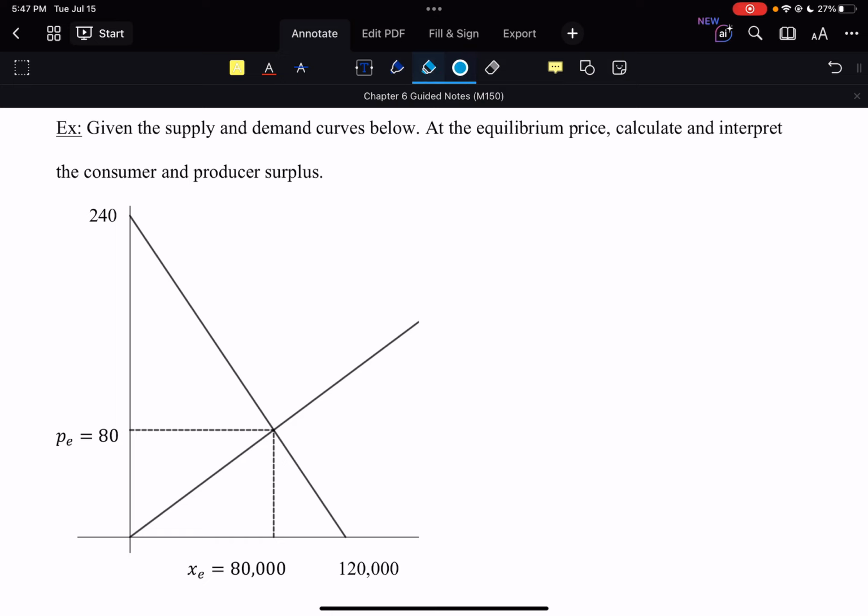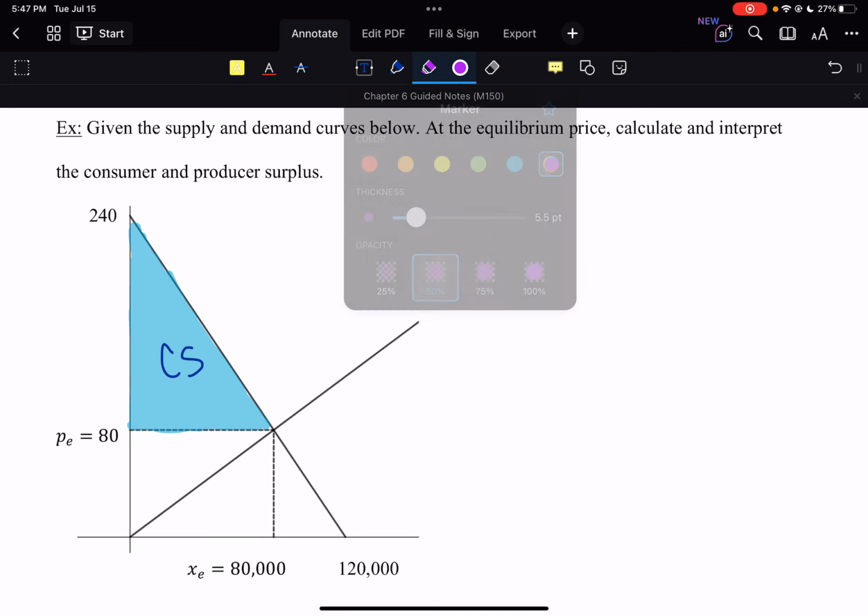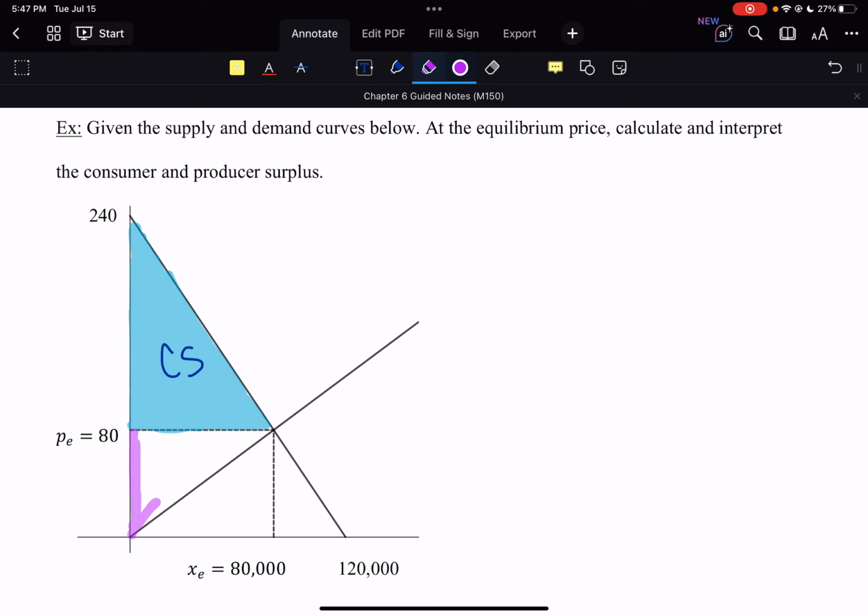So we know that this area up here between equilibrium price and the demand function is going to be our consumer surplus. And then this area down here between equilibrium price and the supply curve is the producer surplus.